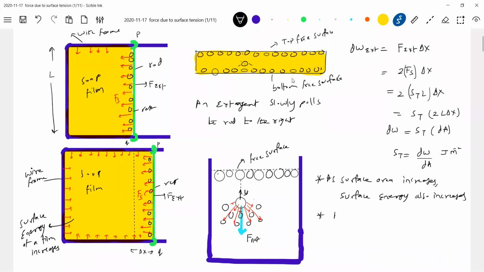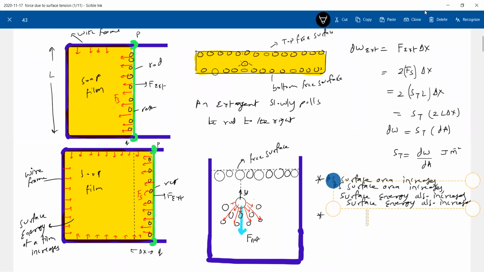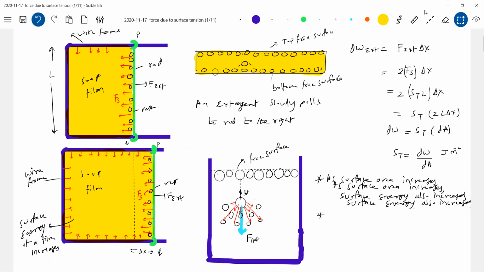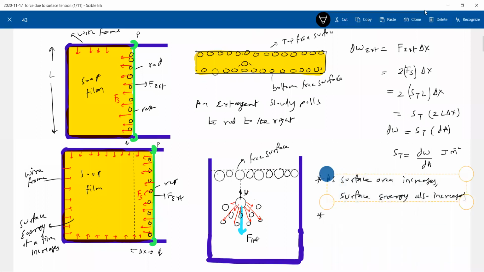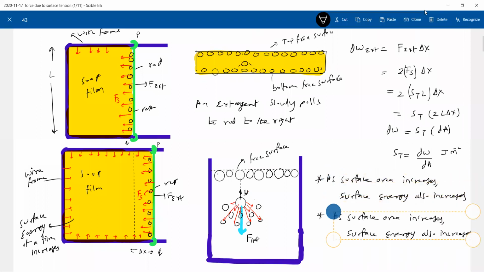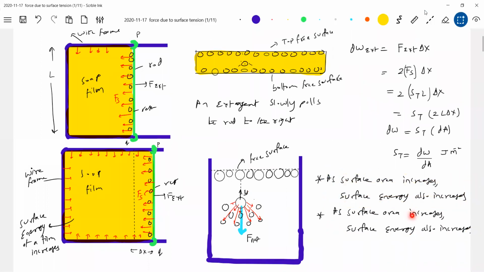Next, again, the same idea: as surface area decreases, surface energy also decreases.